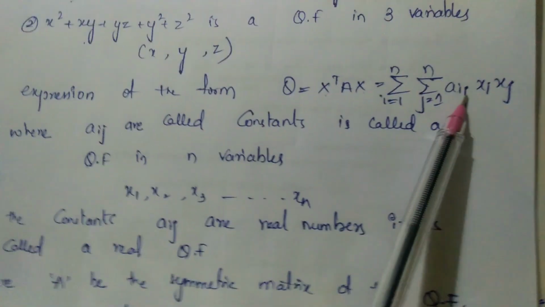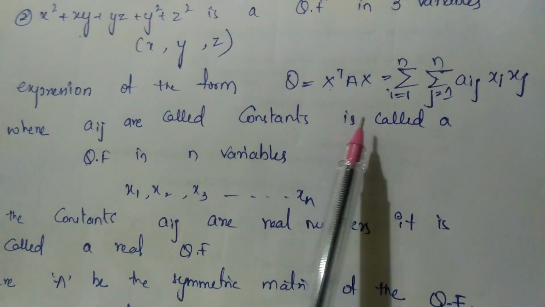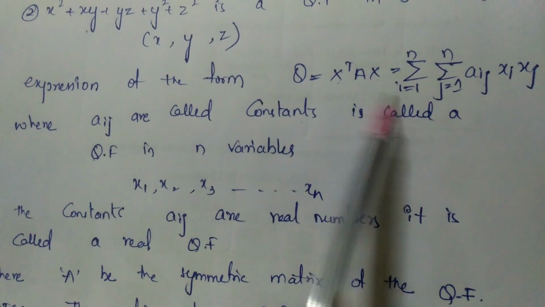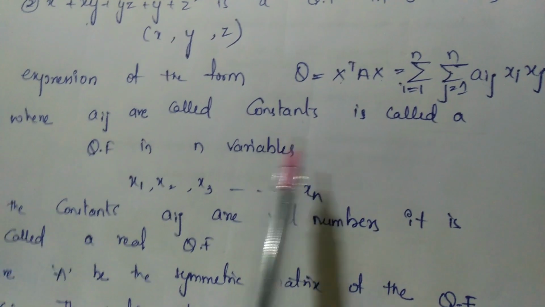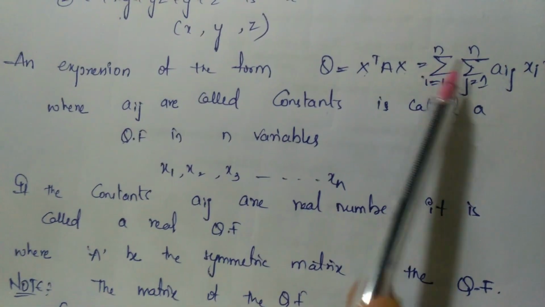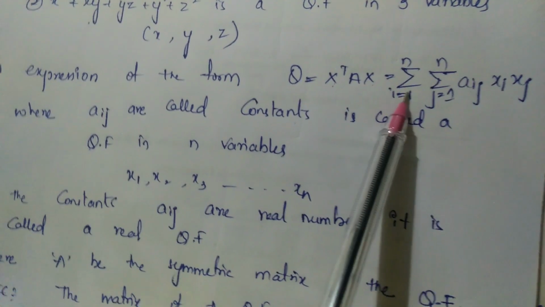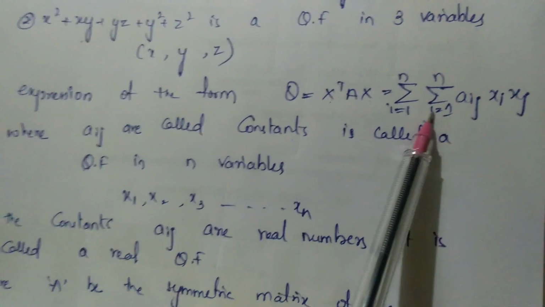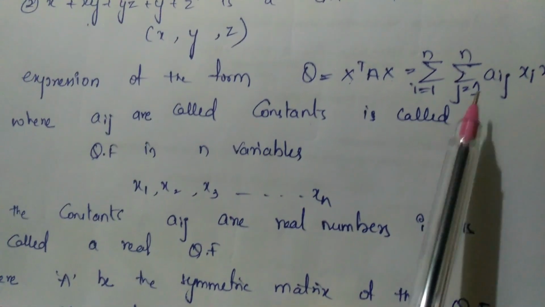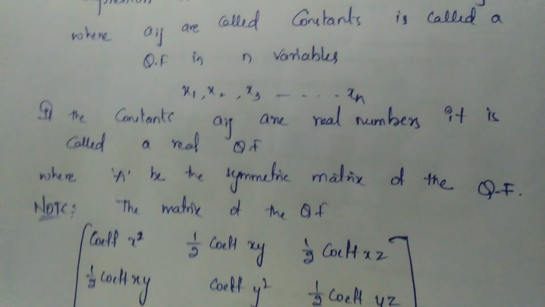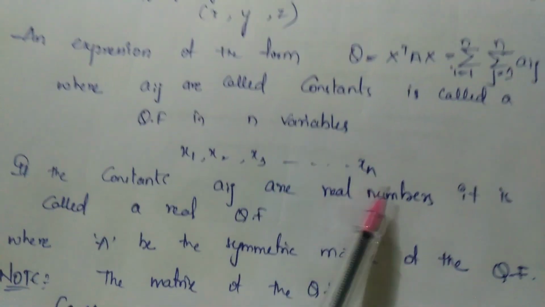So here aij are nothing but constants, and this form is called a quadratic form in n variables. If you take n as 3, then it comes with i equals 1 to 3 and j equals 1 to 3. It comes as a 3 by 3 matrix. So the variables can be from x1 to xn.